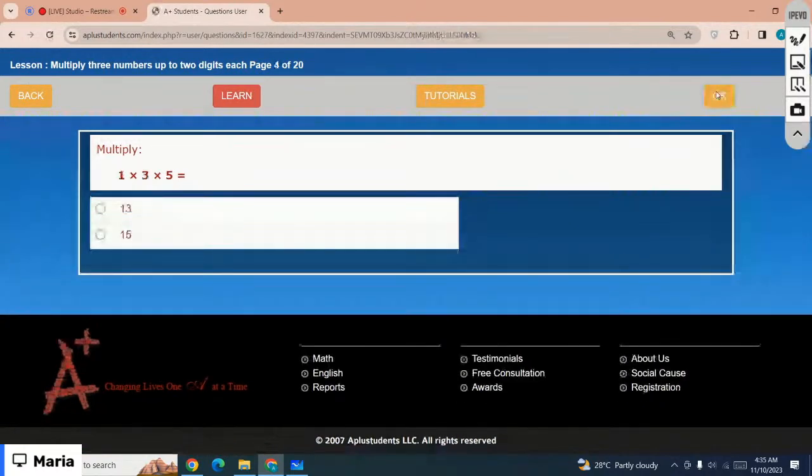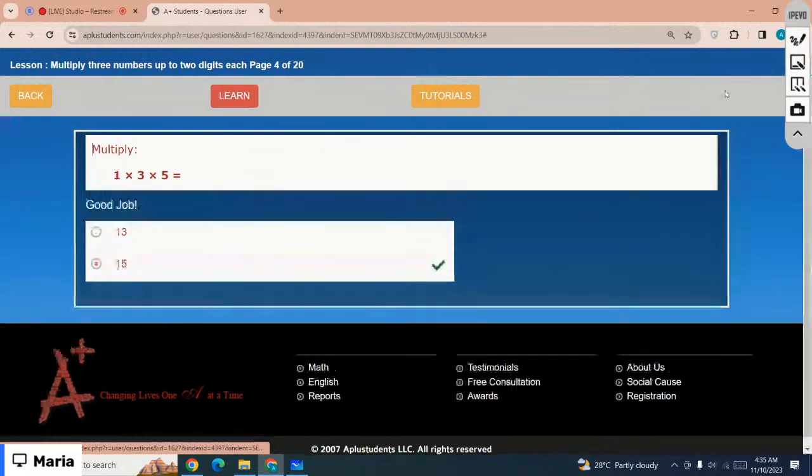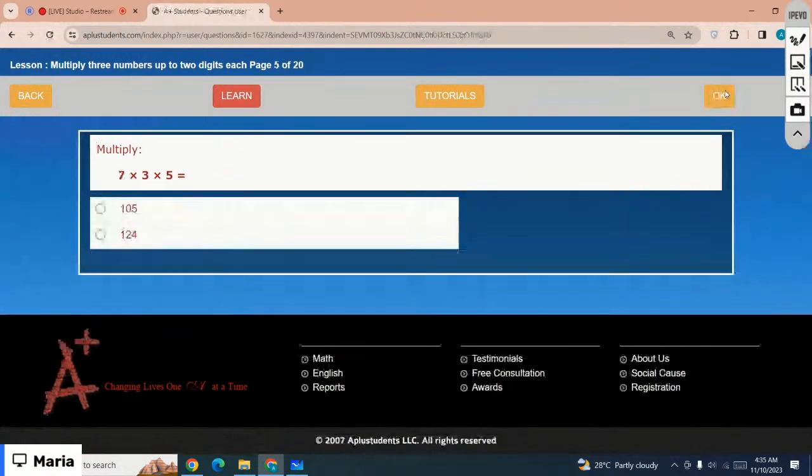Okay, and then you have to do 1 times 3 times 5. So which is the correct option? The correct option is, very good, that is 15. 1 times 3 is 3 and 3 times 5 is 15. Okay, multiply 7 times 3 times 5.